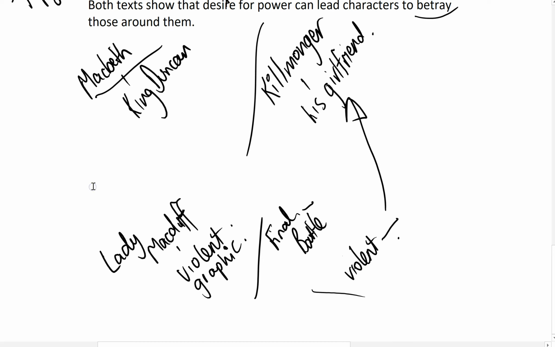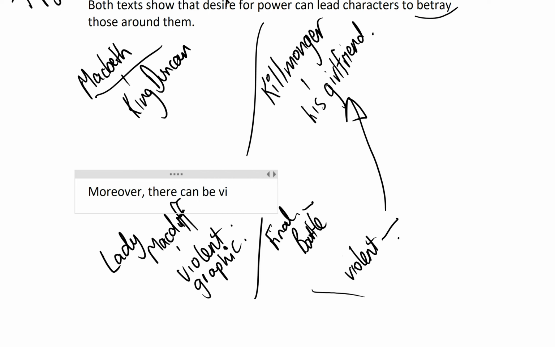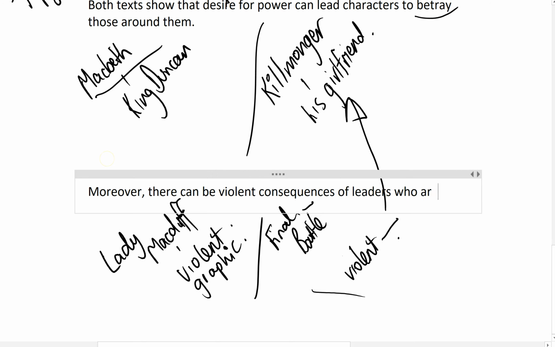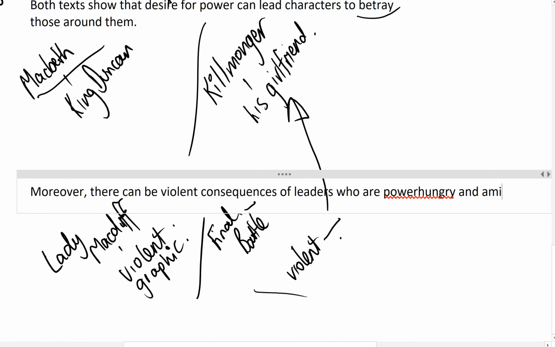But let's see, my topic sentence then could be that, and I would need a linking word. Moreover, there can be violent consequences of leaders who are power hungry and ambitious.